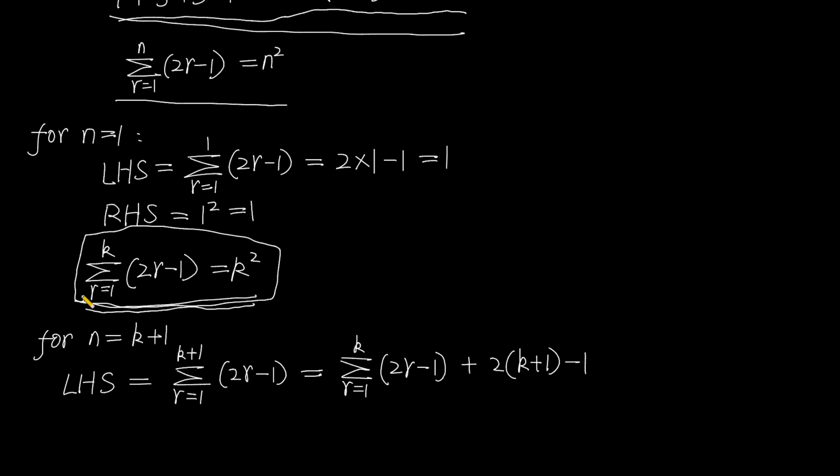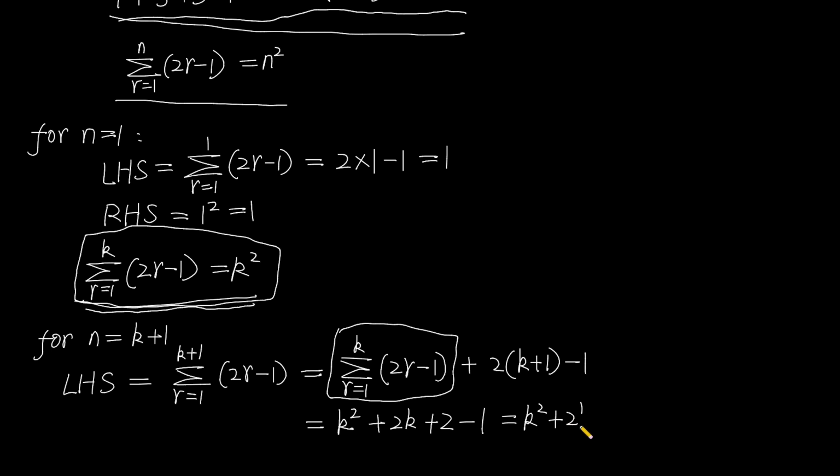Now this is our assumption, so we can use k squared to replace this sum. So this equals k squared plus, we remove the brackets, 2k plus 2 minus 1. This equals k squared plus 2k plus 1.